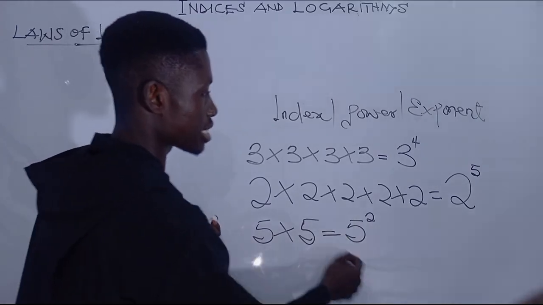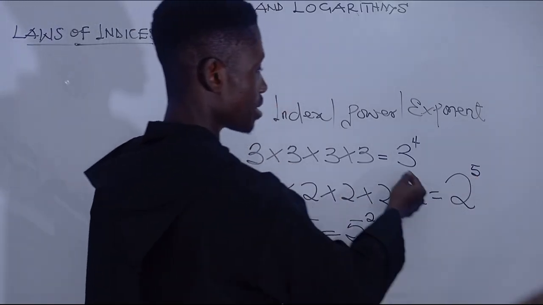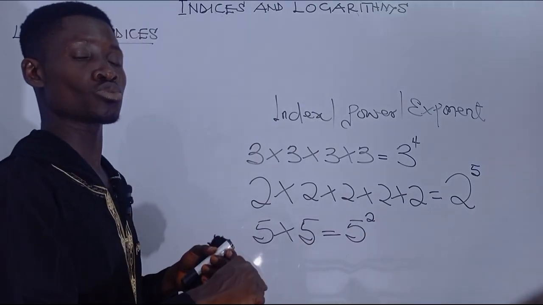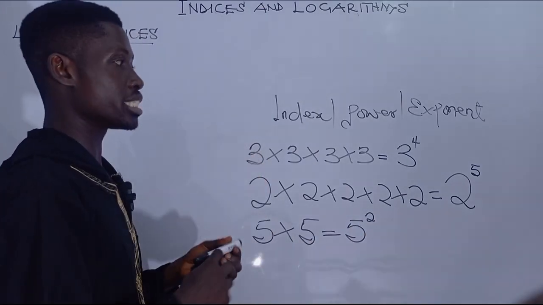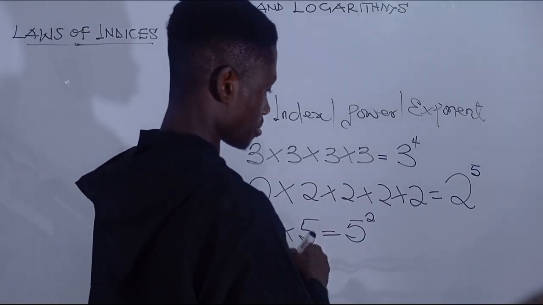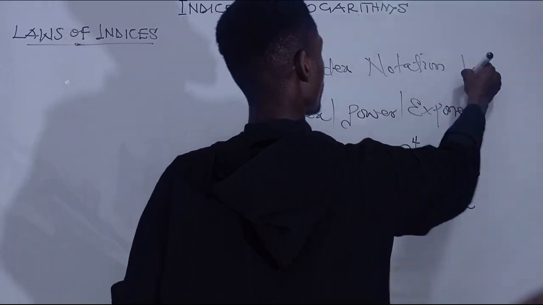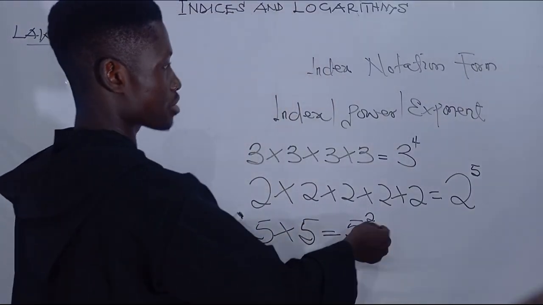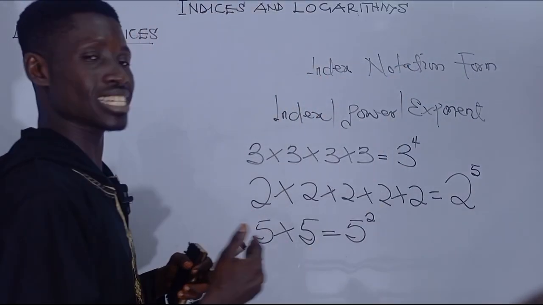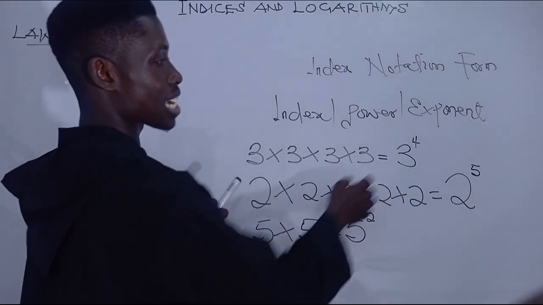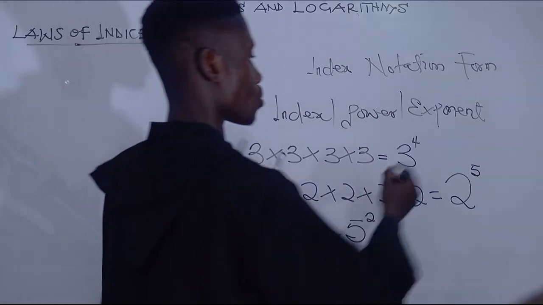Now this form of writing numbers, 2 raised to the power 5, 3 raised to the power 4, 5 raised to the power 2, is what we refer to as the index notation. So 5 raised to the power 2 is in the index notation. The number 3 here becomes the base. We call it the base.